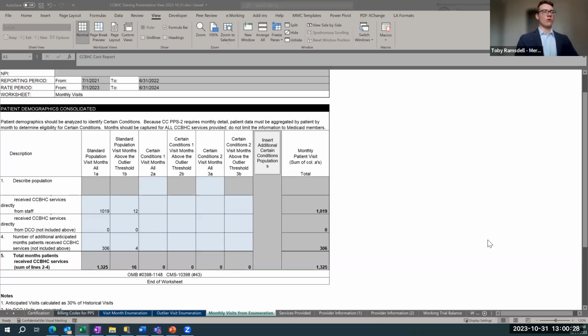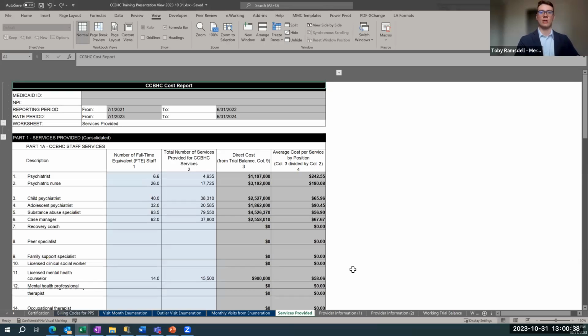All right, so having gone through visit enumeration, let's move on to the cost report itself. Moving on to the services provided schedule, I think Mike talked about this earlier. What's key to point out here, and to reiterate what we talked about in the deck we showed earlier, is that the total number of services is going to exceed the number of monthly visits.